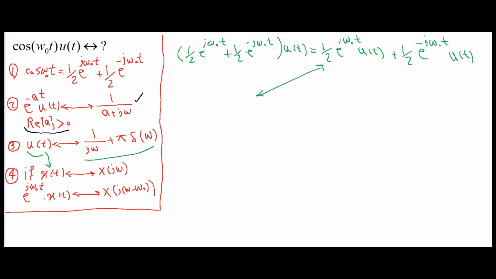Now, to find the Fourier transform of this signal, we use the third property, which says that the Fourier transform of u(t) is equal to 1 divided by j omega plus pi delta omega. Then, using the fourth property, we apply a frequency shift that shifts the spectrum by omega 0.